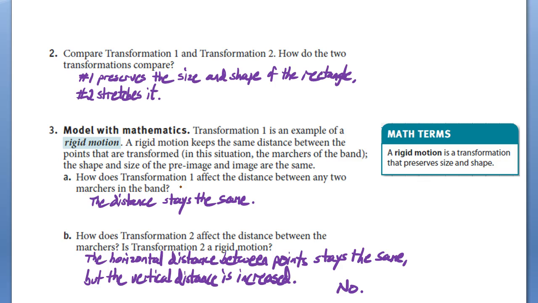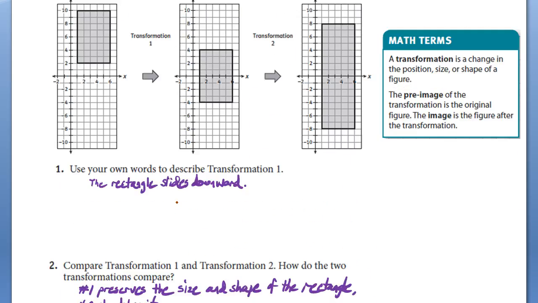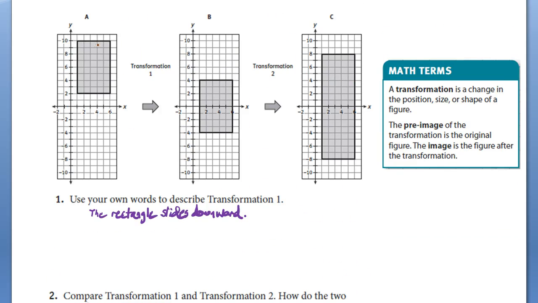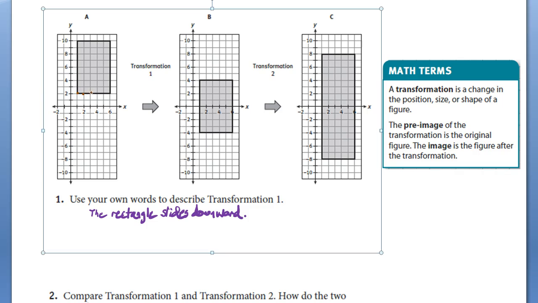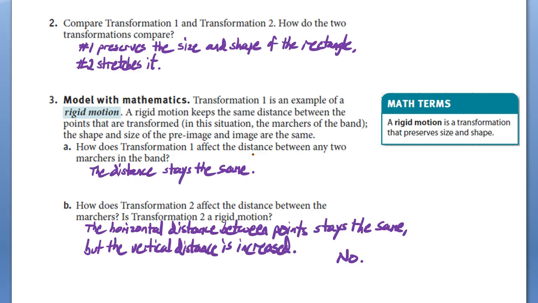Question A. How does transformation 1 affect the distance between any 2 marchers in the band? And the answer is that that distance stays the same. If we go back to this picture, remember this rectangle was really made out of dots, right? Each dot was a band member. And then after the transformation, these dots are all still the same distance apart.